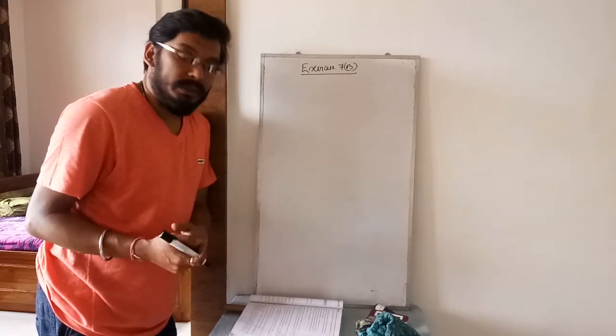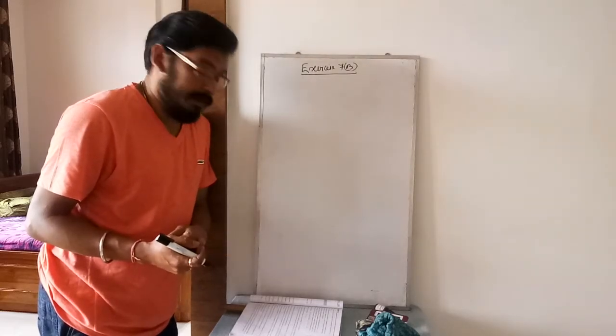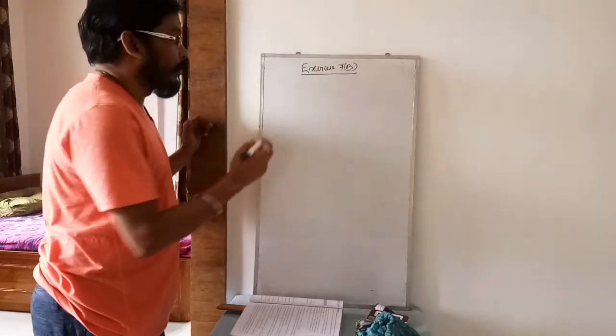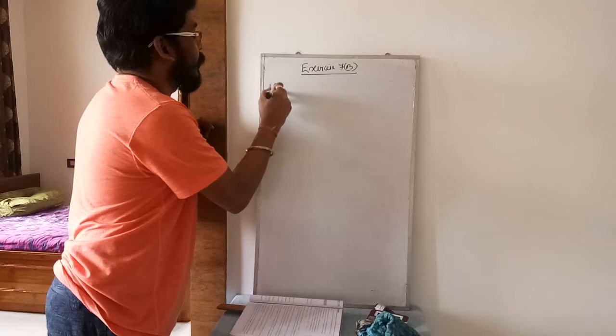You will proceed the same way you did question number 17. You will use the formula speed equal to distance by time, that is, distance equal to speed into time. Question number 18.